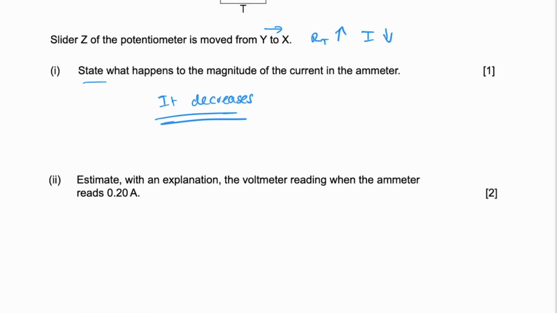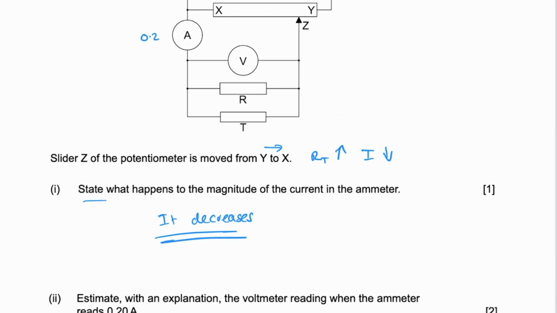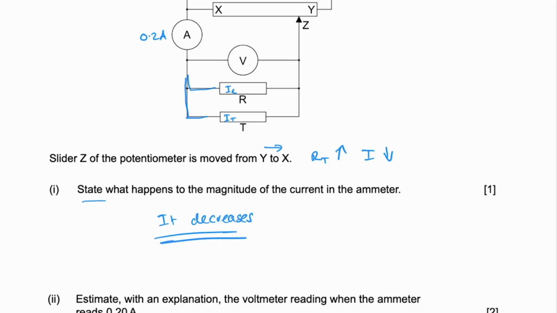And finally, B2. Estimate with an explanation the voltmeter reading when the ammeter reads 0.2 amps. So when the ammeter reads 0.2 amps here, that means that the current of R plus the current of T added together equal 0.2.